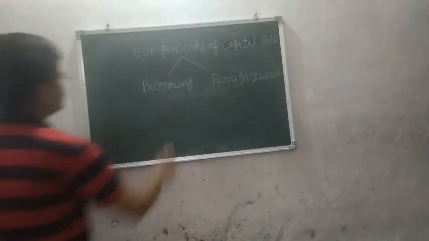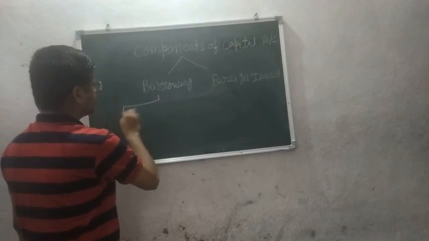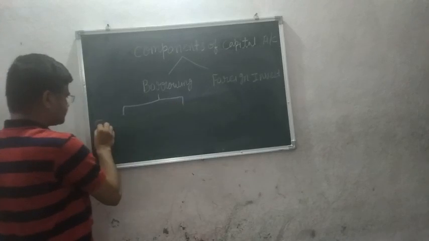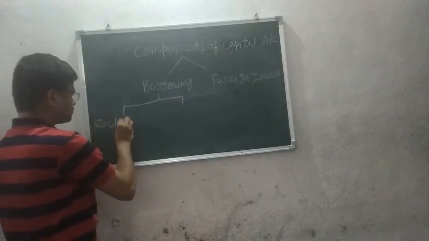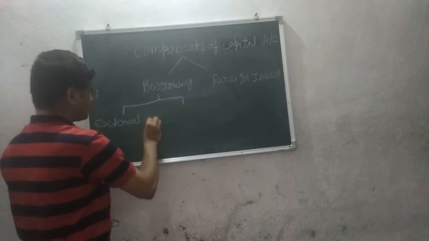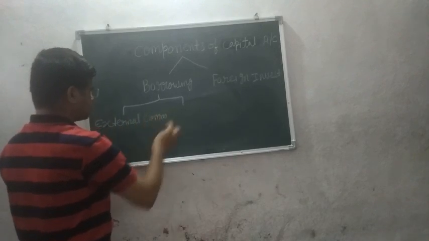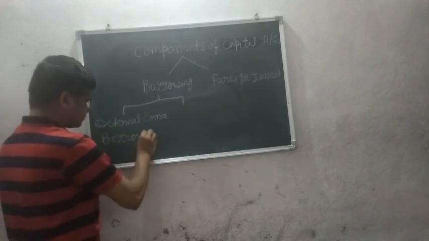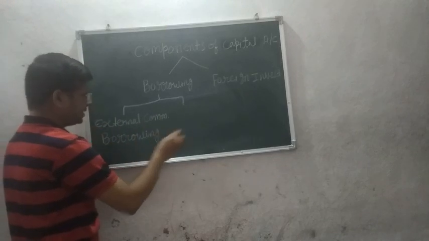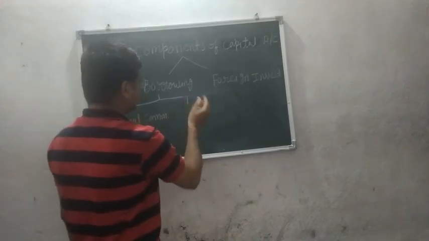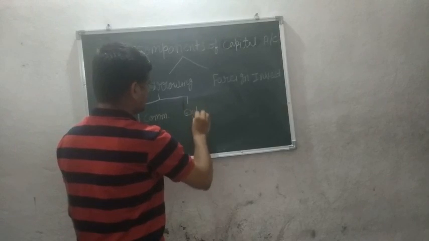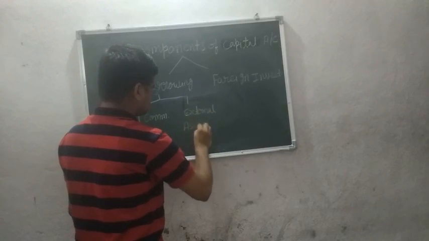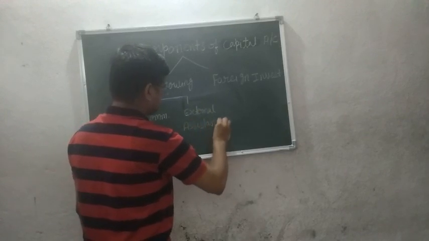Okay, again, borrowing can be classified into two parts. First is external commercial borrowing and second one we can say external assistance.